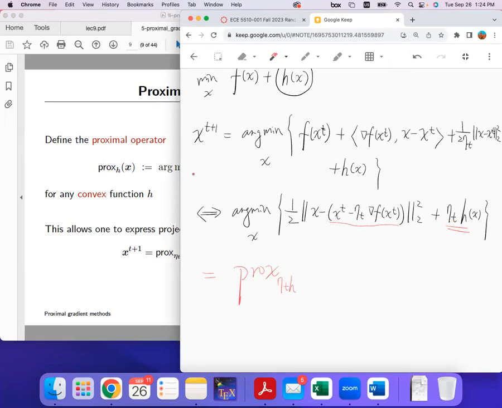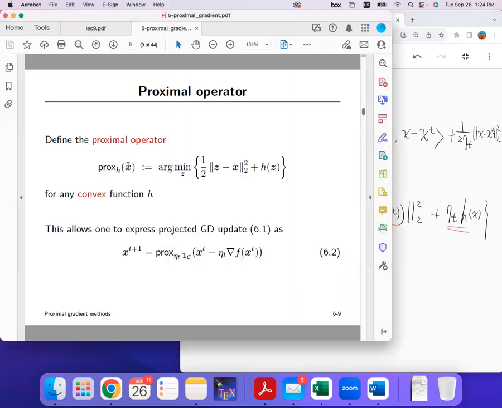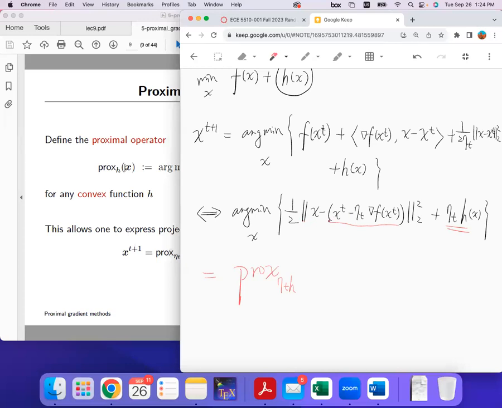And where is the point? Here we are evaluating at x, which is inside this quadratic term. This is that constant input to this operator. So this would be xt minus eta t times the gradient of f at xt.